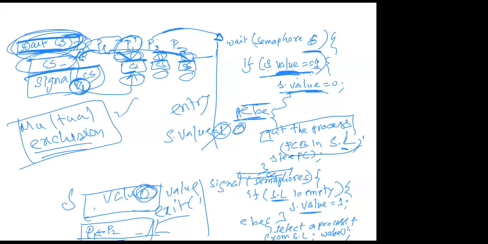Now let's see progress. Progress means that if no process is inside the critical section, it shouldn't block another process from entering the critical section. Let's check this. Take process P1 already inside the critical section, and it completes its execution. In the wake up signal, it will check whether the list is empty or not.